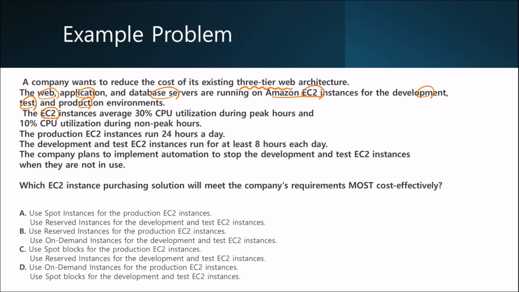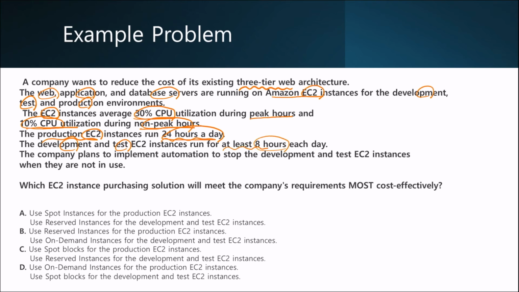The EC2 instances average 30% CPU utilization during peak hours and 10% utilization during non-peak hours. The production EC2 instances run 24 hours a day. The development and test EC2 instances run for at least 8 hours each day.